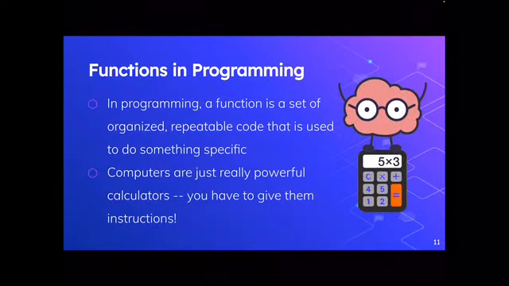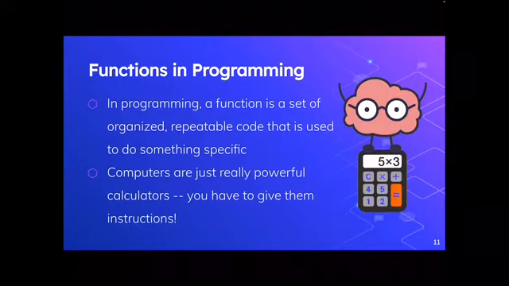Okay, in programming, a function is a set of organized, repeatable code that is used to do something specific. So we generally use functions to take in some data and then output some data. This is essentially a way that we can abstract code. What that means is we take some code and write it in this function, and then we can use the function to do all kinds of different things.